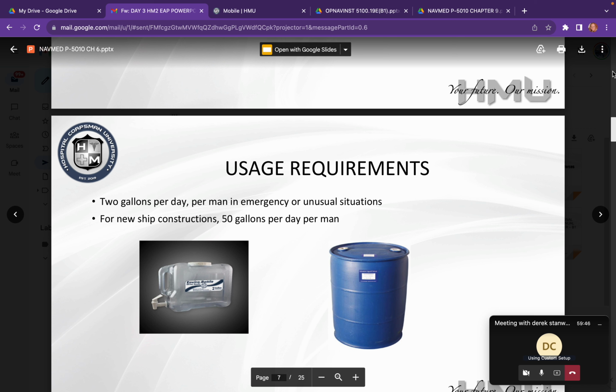There's that 50 gallons I was talking about earlier, right? Don't confuse that with your gallons per man per day for Marines and sailors in chapter 9, which I believe is like 19 and 25. This is just for shipboard right here. New ship construction, 50 gallons per day per man. That's only for your water restriction, right? Yes.